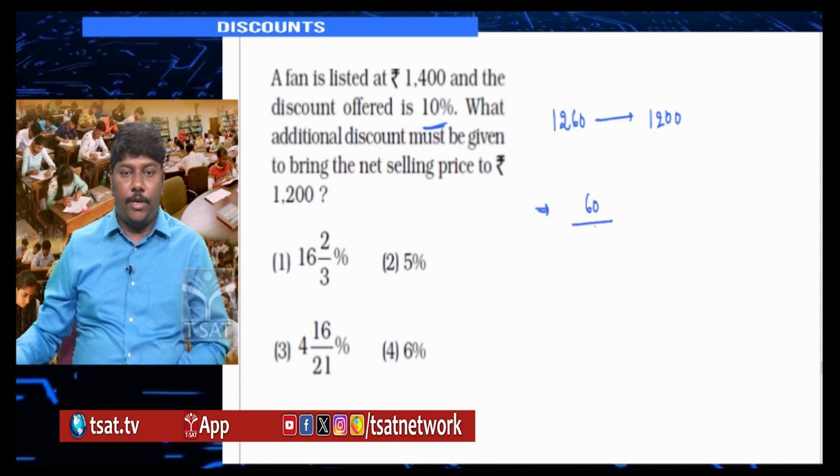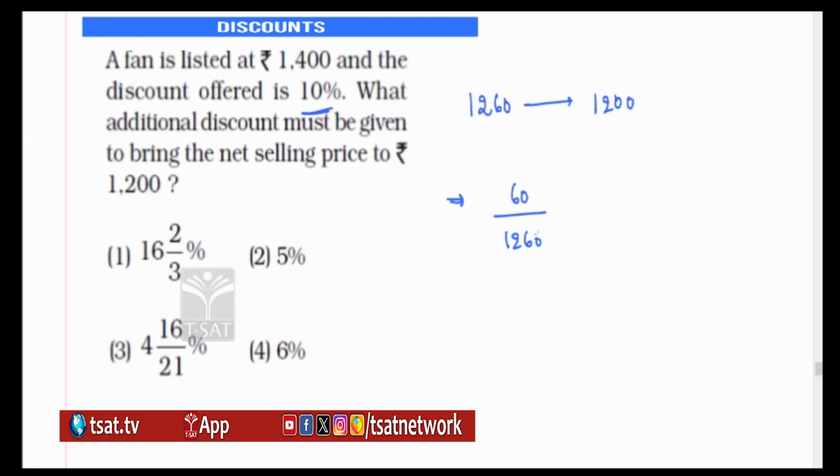Therefore 60 upon 1260 into 100. Cancel this. So we are getting how much here? It's 2 8 by 21.